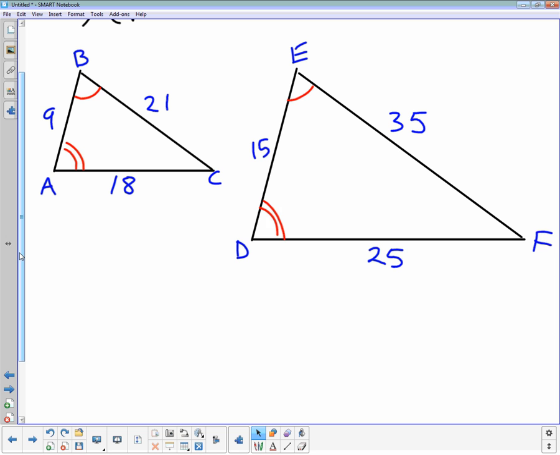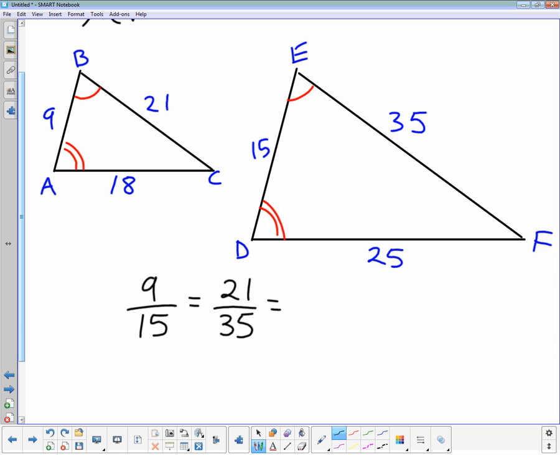So let's set up a proportion statement. 9 goes over what? 21 goes over 18 goes over.